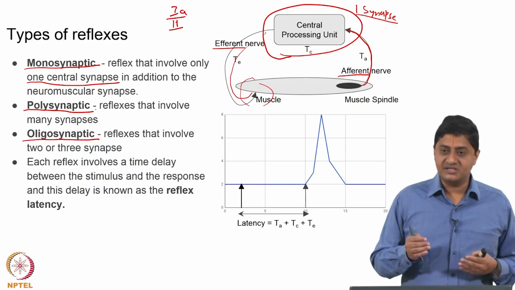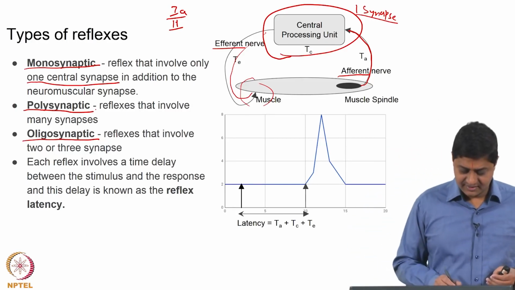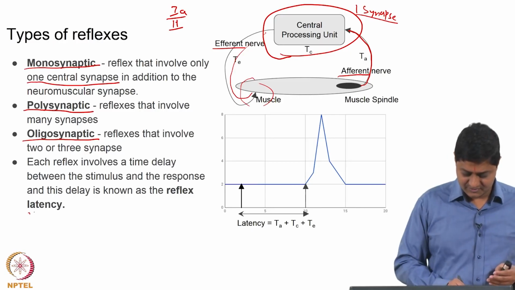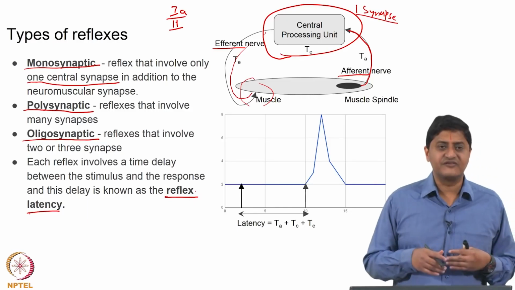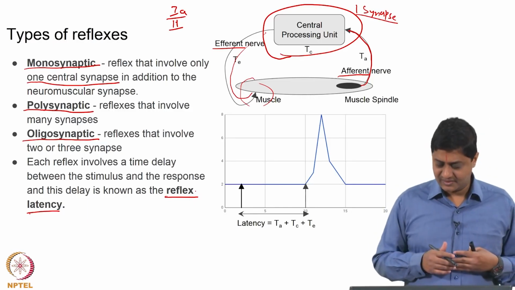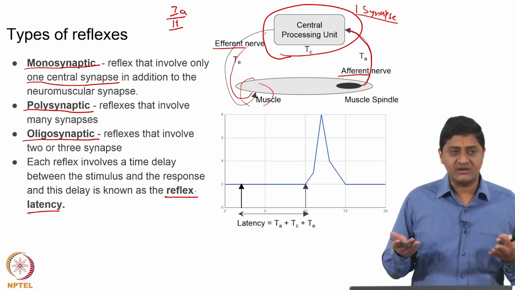So if there is a greater latency, the delay between the stimulus and the response, sometimes called reflex latency more precisely, right, if this latency is greater, that means that there must be a greater number of synapses.